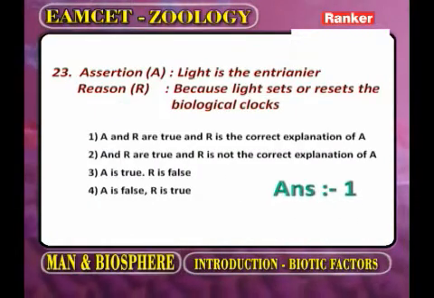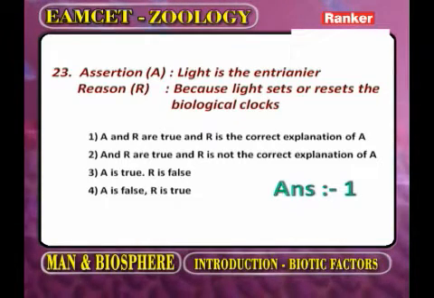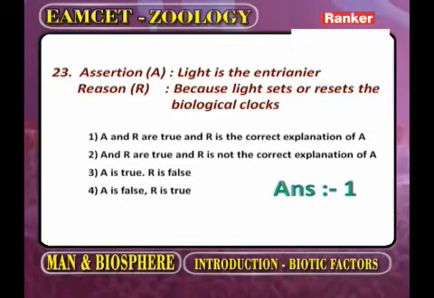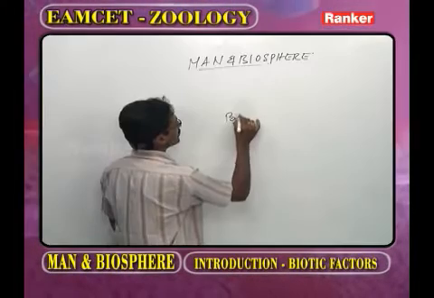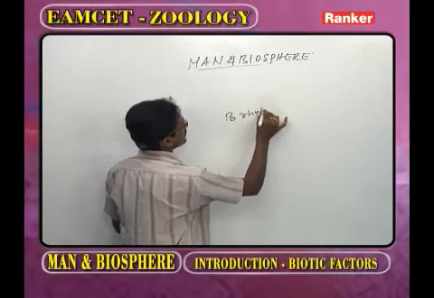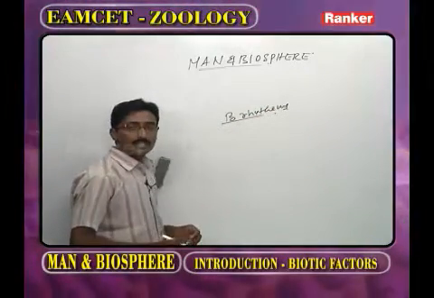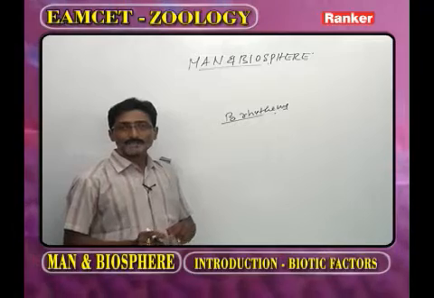Assertion: light is an entrainer. Reason: because the light sets or resets the biological clocks. Now, as we observe the biological rhythms, what are the biological rhythms?